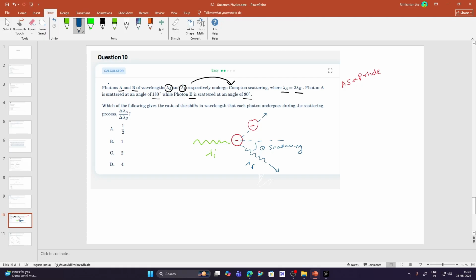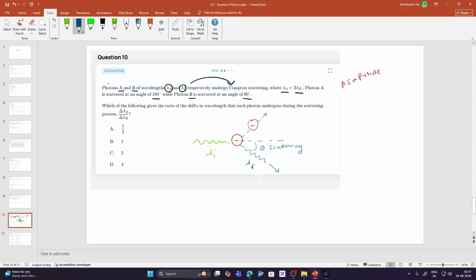It is already given that the photons are scattered at an angle of 180 degrees and 90 degrees, and the relation says lambda A is equal to 2 times lambda B. So this is the scattering angle. This is the diagram. Hope you understand the diagram.